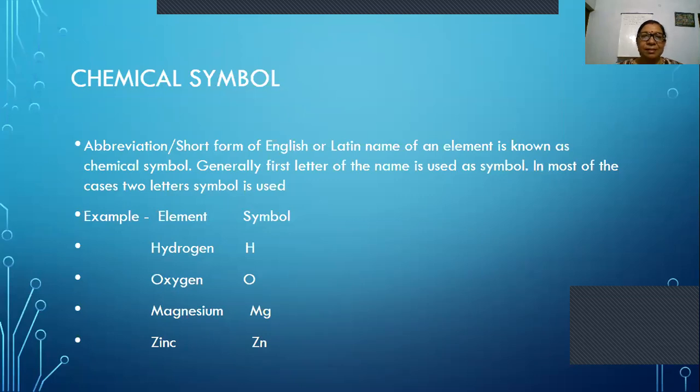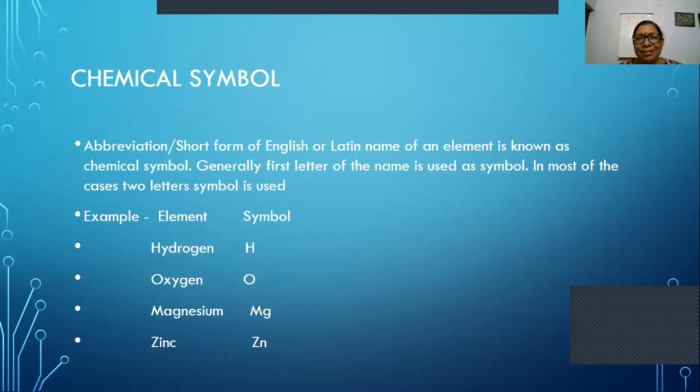What is chemical symbol? Just like DAV is the abbreviation of Dayanand Anglo-Vedic, similarly, here chemical symbol is the abbreviation or short form of English or Latin name of an element.